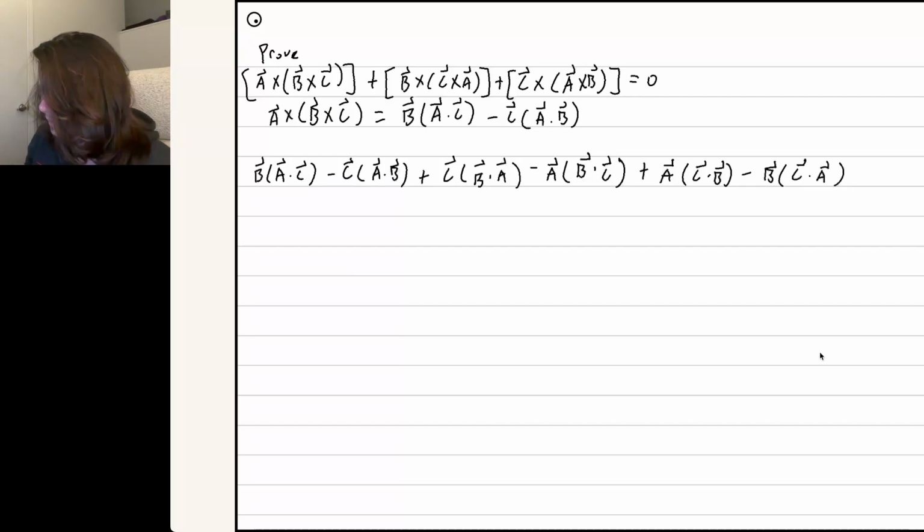All right. Now that we've applied that rule throughout the expression, we can collect terms.